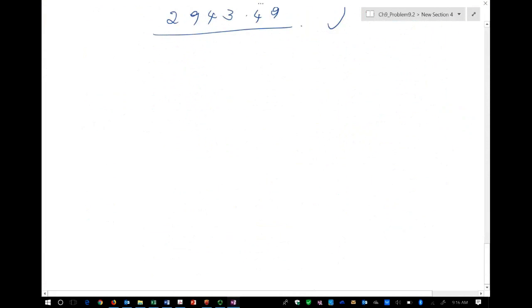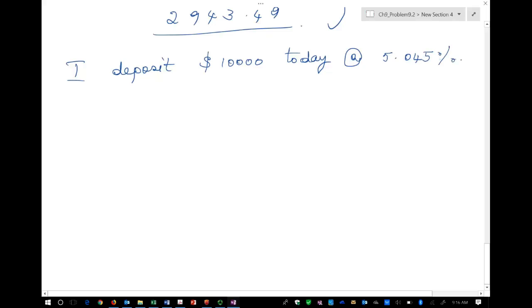So, I deposit $10,000 today at the rate of, let us say, 5.045% for 12 years.